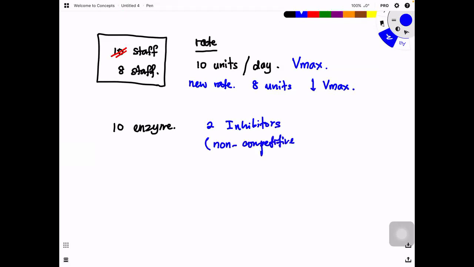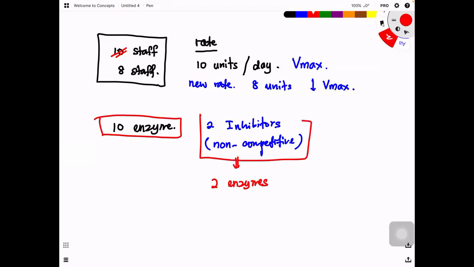What's a non-competitive inhibitor? It means that it is going to bind permanently. So these 2 inhibitors are going to bind permanently to the active sites of 2 enzymes. So out of 10 enzymes, can I have 10 enzymes working now? No, because of these 2 inhibitors. So my 10 enzymes are now reduced to 8 workable enzymes.